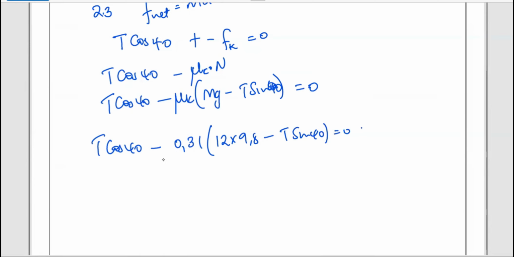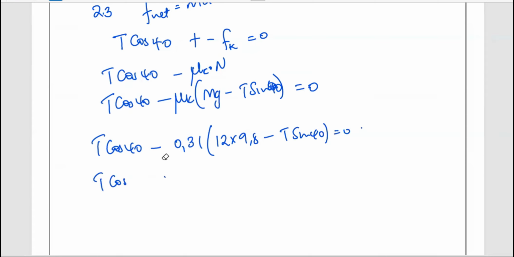So when we open this up, it's T cos of 40. But why don't I simplify cos of 40 first? From our calculators, what is the cos of 40?